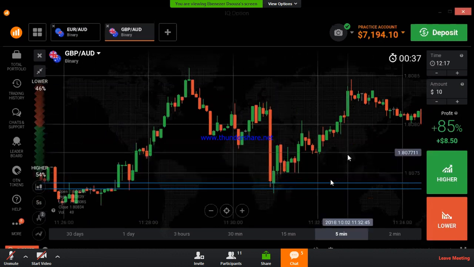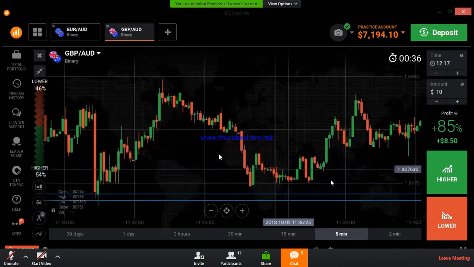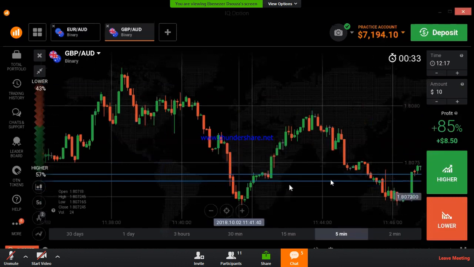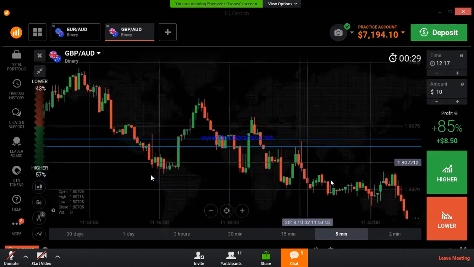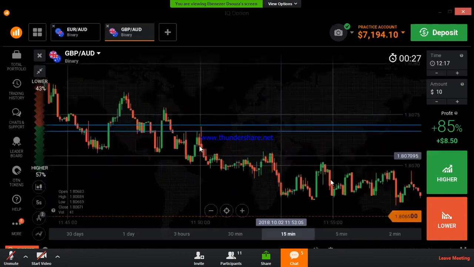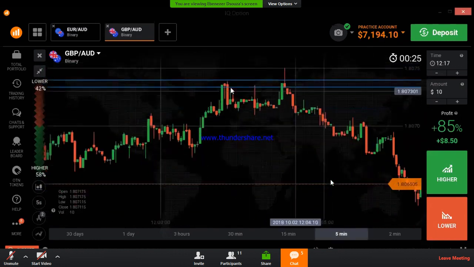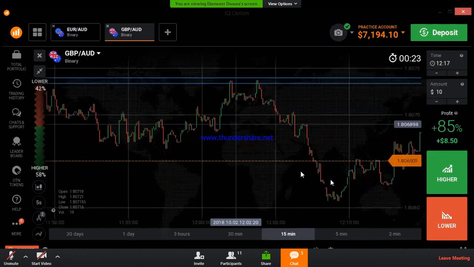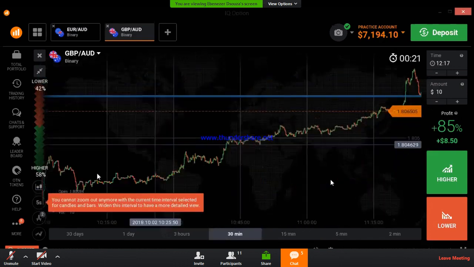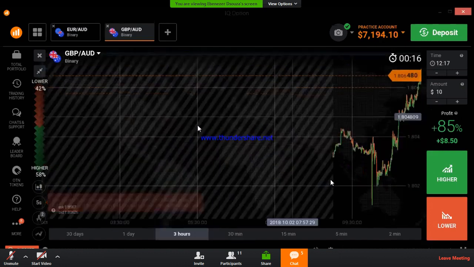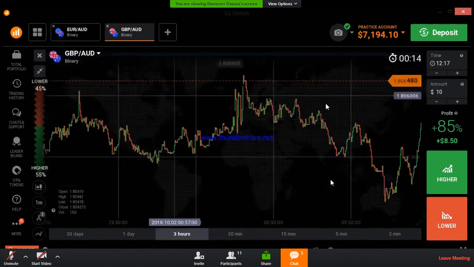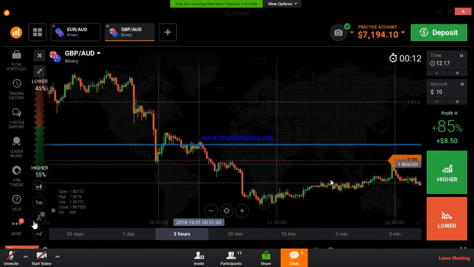Here also, when the market comes to this level, there is no confirmation, it breaks this level, right? Again it breaks, no confirmation. You can find a confirmation here. So in the strong level, you can find so many confirmations. This one also.